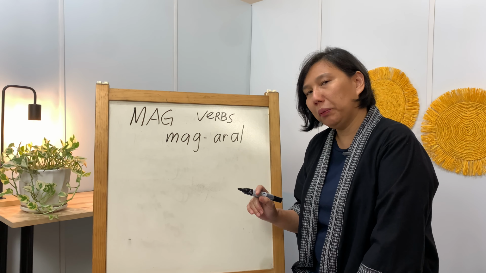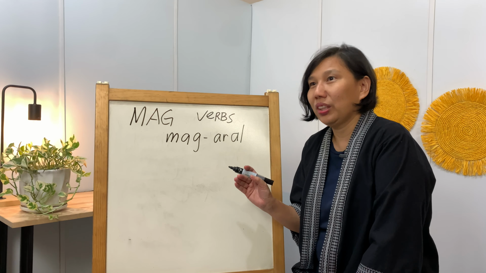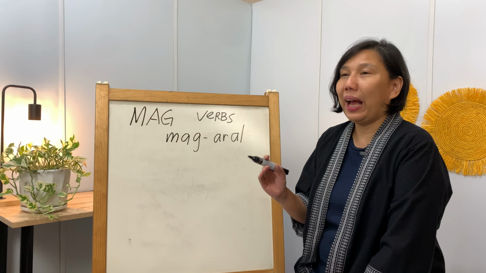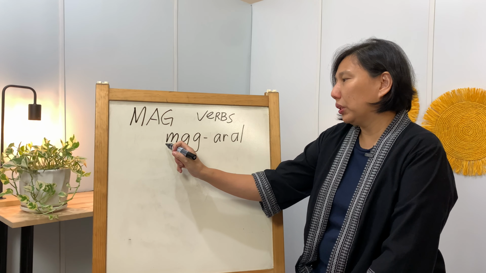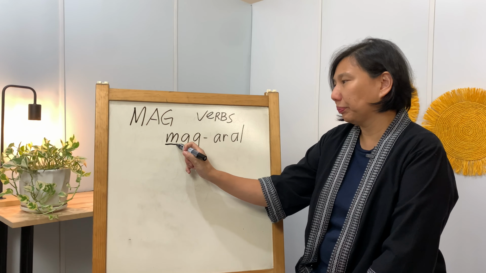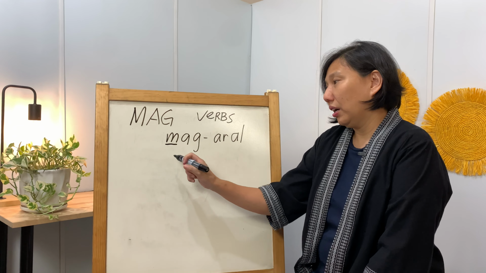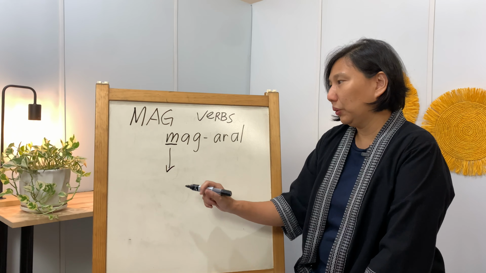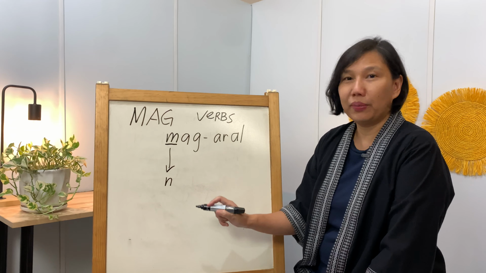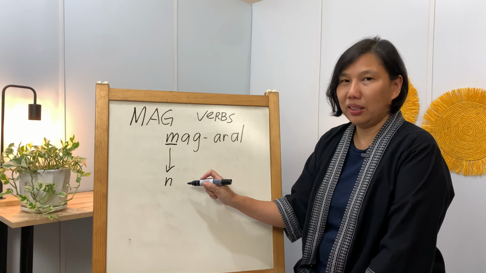When we form the past tense in English or the completed action in Filipino, we change the consonant M of the prefix mag to N. So the prefix mag becomes nag.